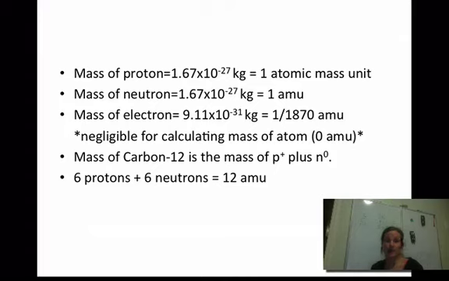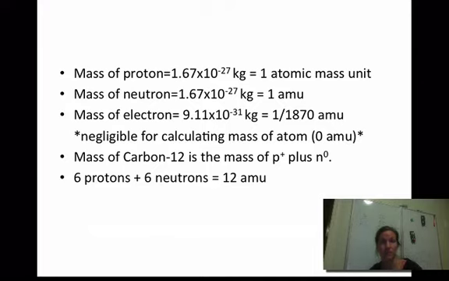The proton and the neutron have the same mass, in terms of grams or kilograms. It's 1.67 times 10 to the negative 27 kilograms. Very tiny. Because it's so tiny and it's a crazy exponent, chemists have come up with their own unit, called the atomic mass unit. 1 atomic mass unit is 1.67 times 10 to the negative 27 kilograms.